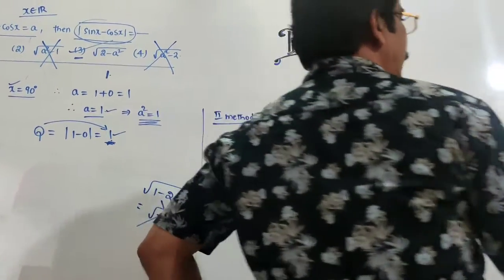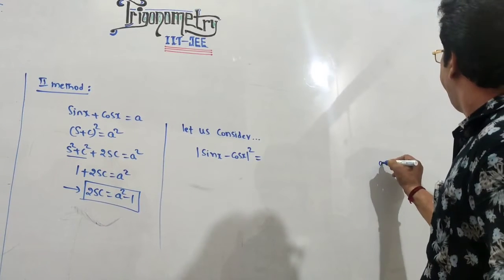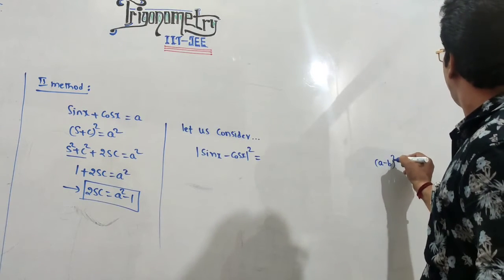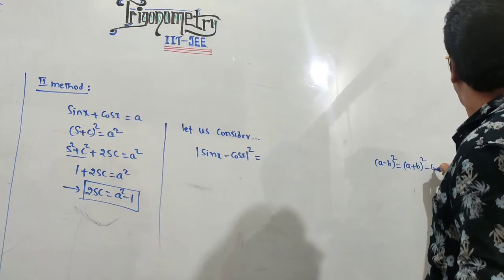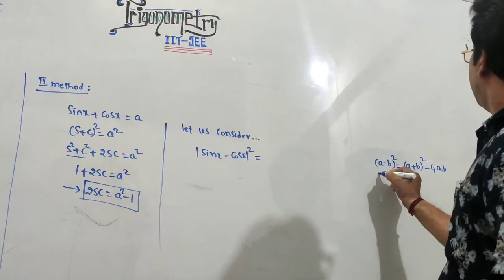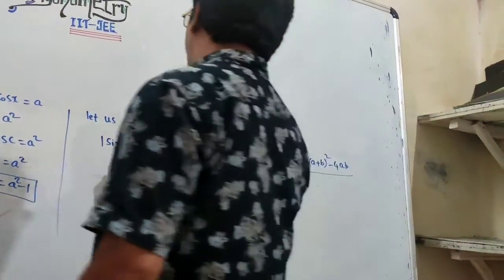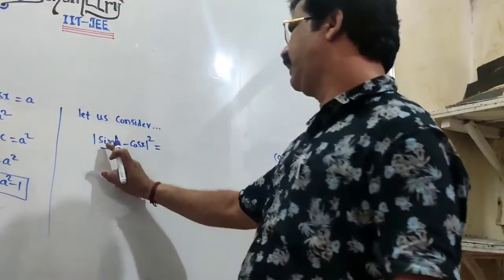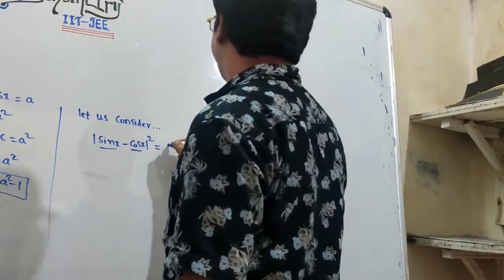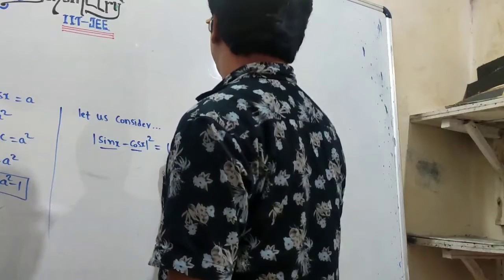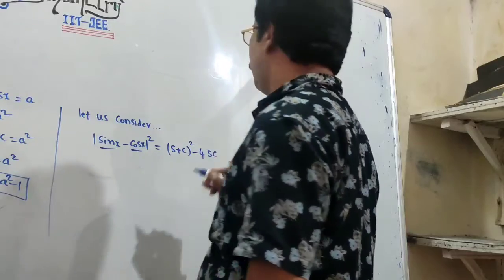One standard formula: (a minus b) whole square is equal to (a plus b) whole square minus 4ab. It is algebra. So a equal to sin x, b equal to cos x. Therefore it is (sin plus cos) whole square minus 4 sin into cos.